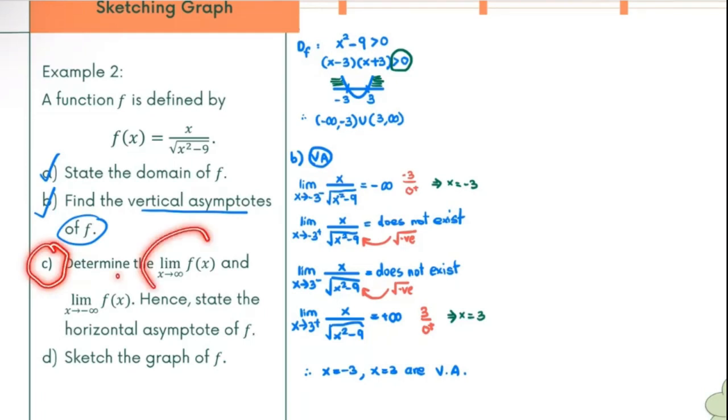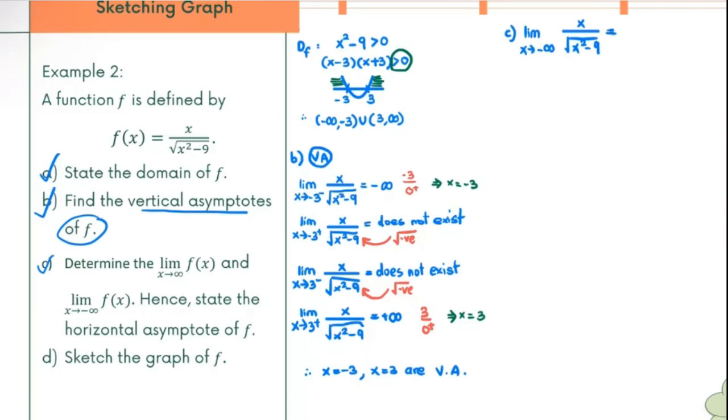Determine the limit of x approaching infinity and negative infinity of f(x). So this one sebenarnya dibagi hint untuk kita cari horizontal asymptote. Okay, so let's check it out. What will be our horizontal asymptote? So limit of x approaching negative infinity, we have here x divided by square root of x square minus 9.